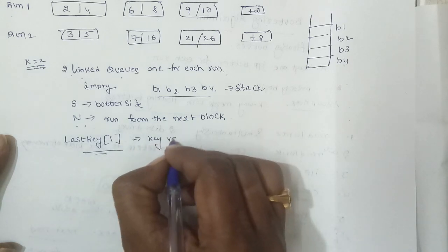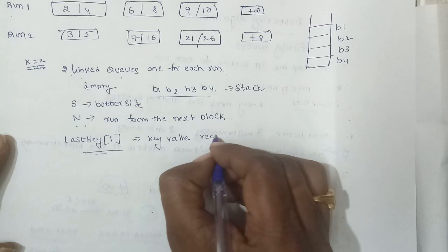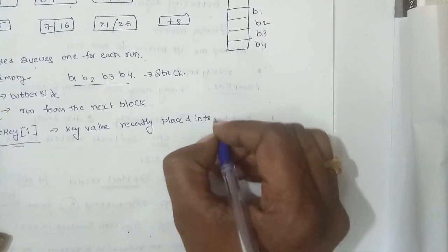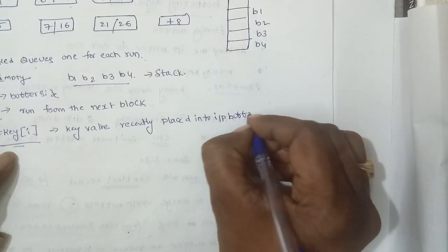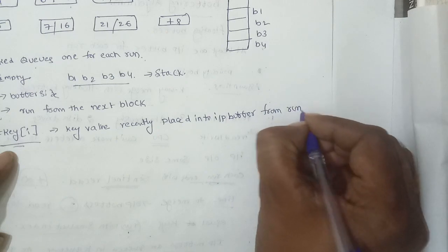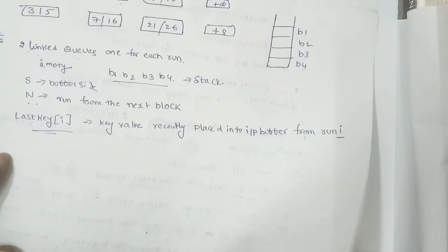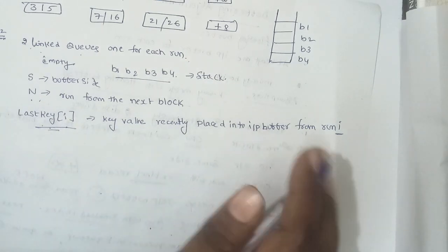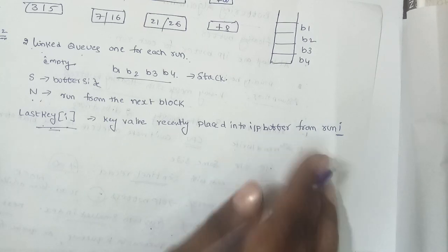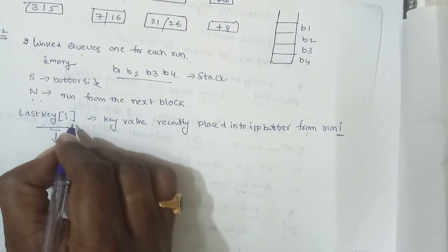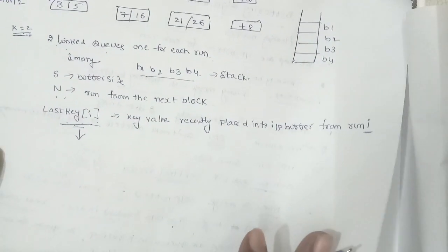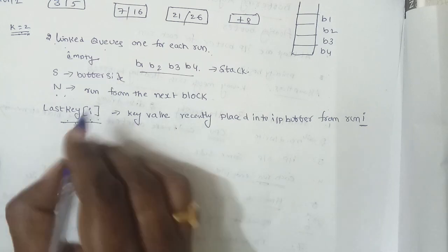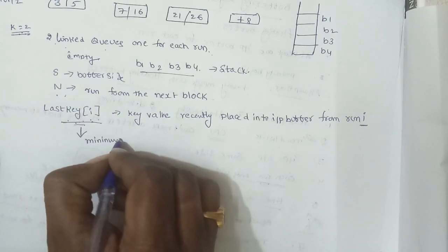The key value that was most recently placed into the input buffer from run I. That is, the last key of I specifies the recently stored key value from run I. Based on this last key, for example, we have run 1 and run 2. The last key of run 1 and the last key of run 2 are compared, and whichever is the minimum.